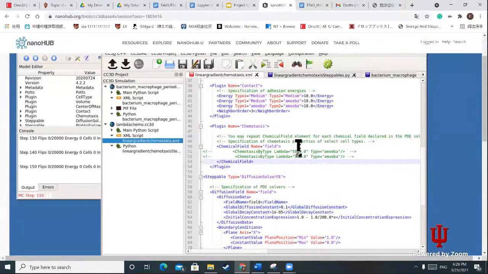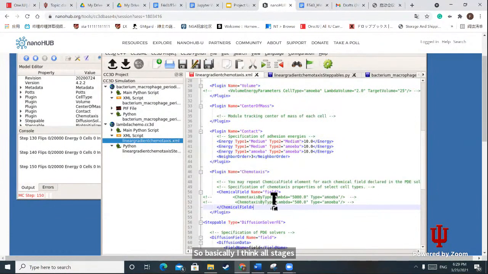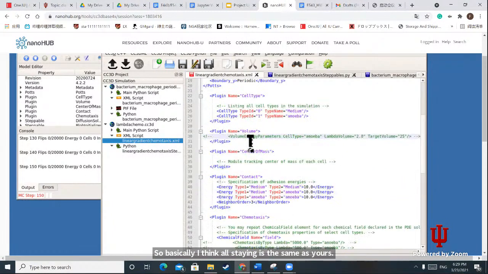Yeah, so basically I think everything is the same as yours. So here I commented out the volume constraint.